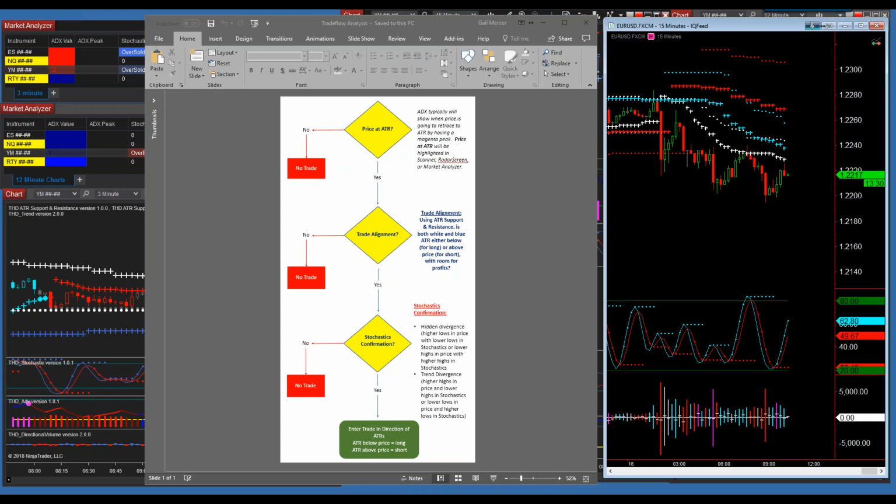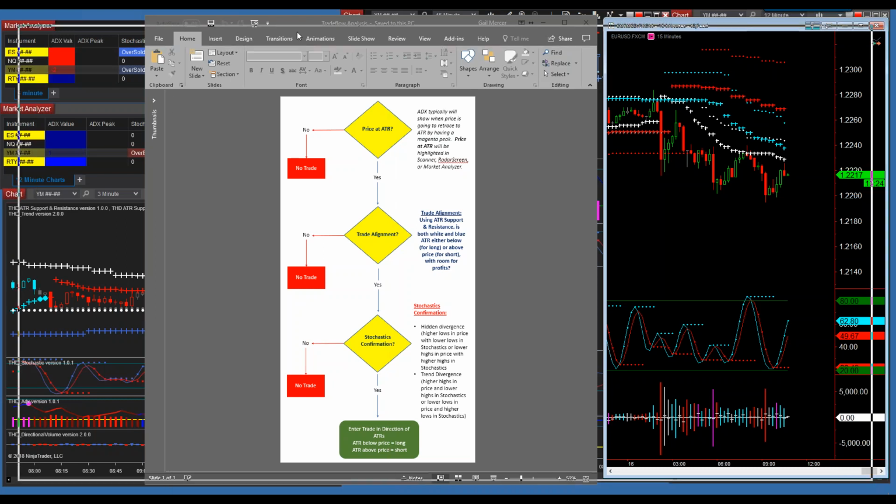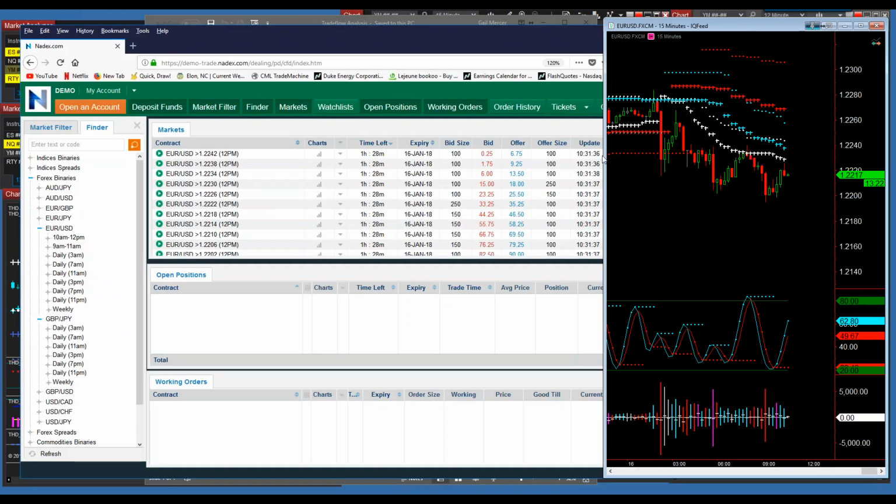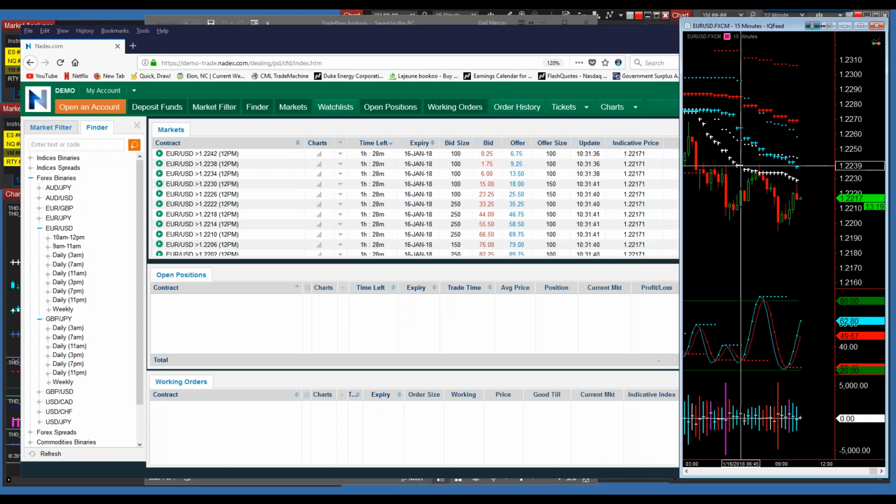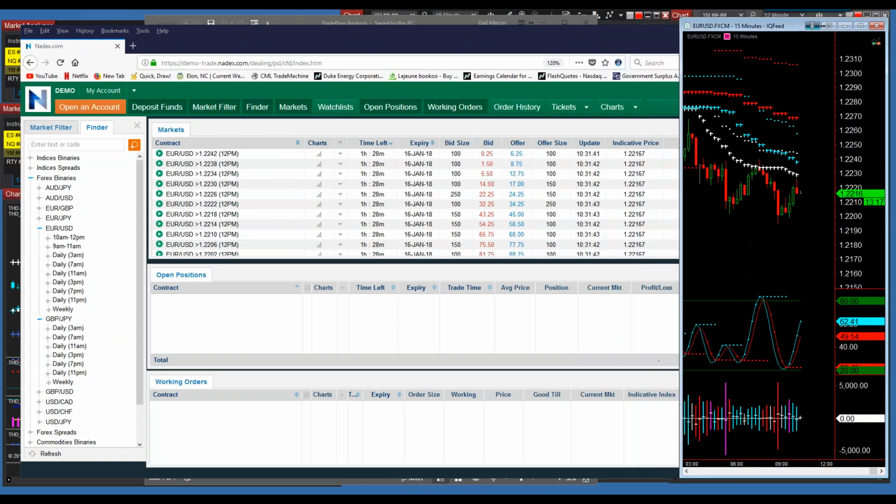We're going to go and look at the euro dollar. And again, I'm using demo accounts this morning. Not stupid here. Let's see, 22.16 is where price is currently trading. So I would be targeting 22.14, maybe 22.10.